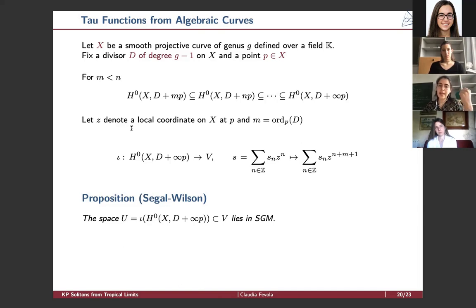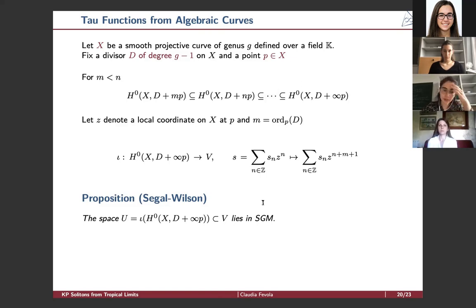We take z to be a local coordinate on X, and m to be the order of D at P. We have this inclusion given by the multiplication by z to the m plus 1.